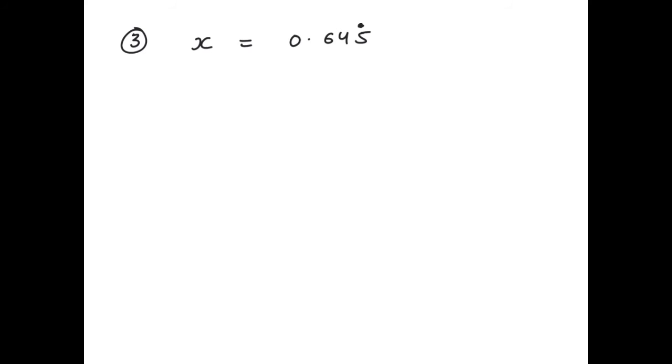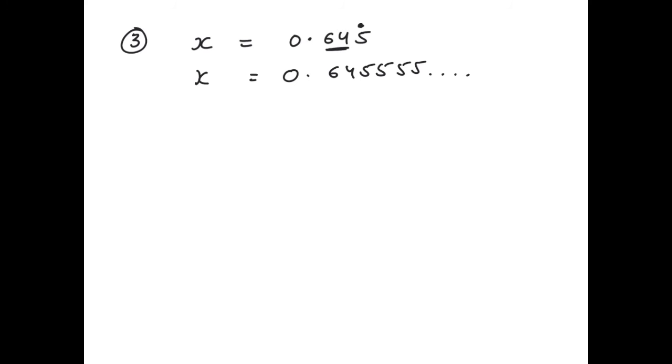Now let's do one more example. This example is a bit different from the others, as 6 and 4 are without the bar. That means only 5 is repeating. We can say 0.645555 and so on. For such questions, we have to add one more simple step.